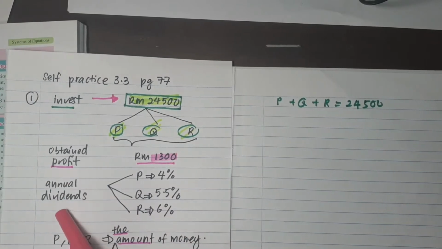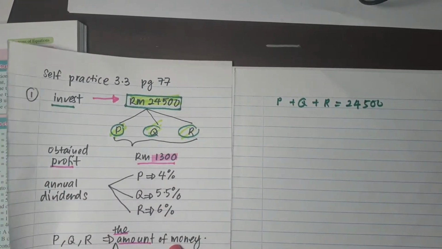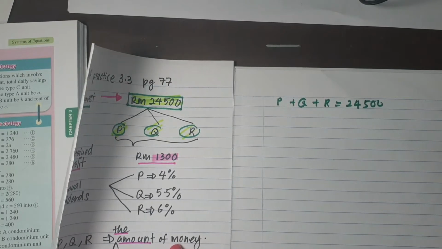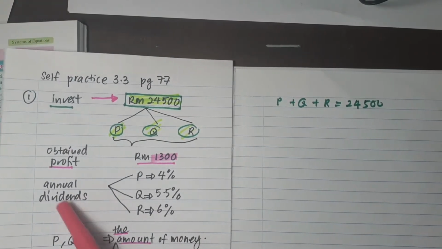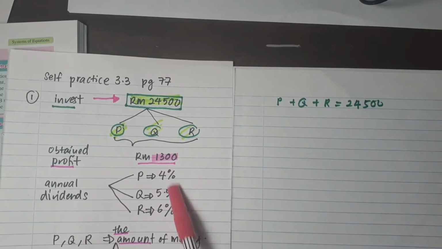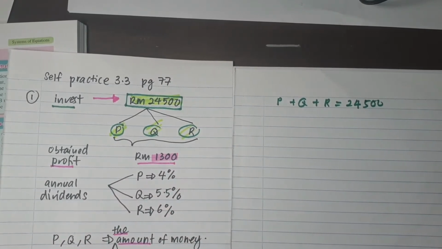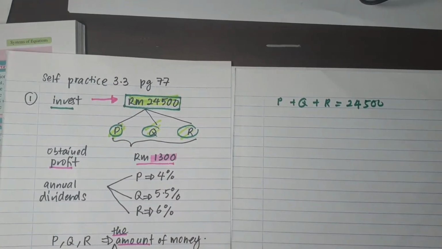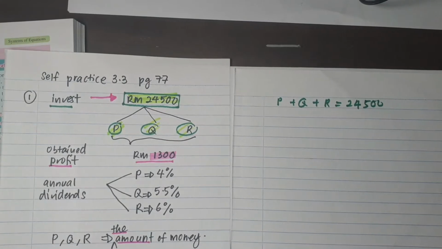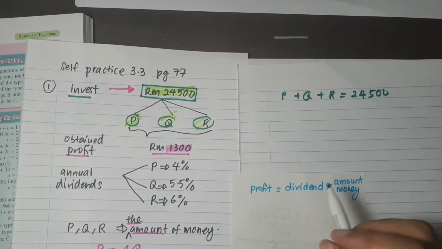So dia bagi tahu, she obtained a profit of RM 1,300. The annual dividend from account P, Q, R dia bagi. So maknanya kalau kita nak dapatkan profit from account P, 4%, mestilah kita ambil dividen banyak mana darab dengan jumlah duit dalam account, betul?